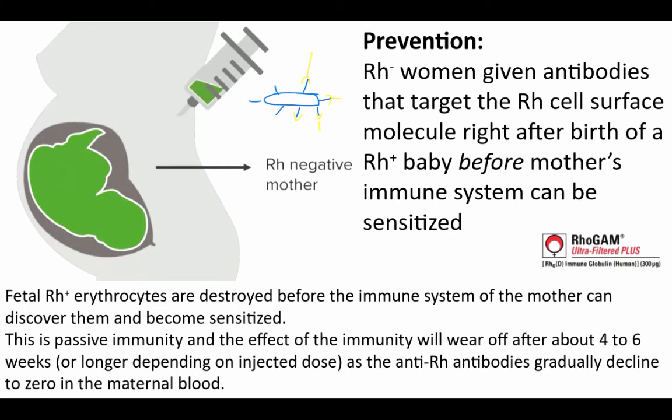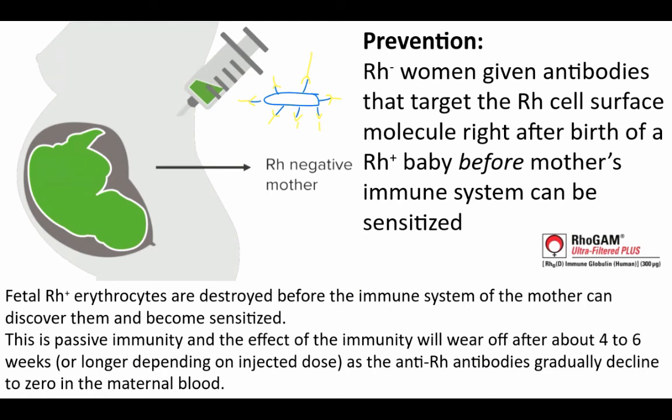And that essentially, it's like an invisibility cloak. It keeps the mom's immune system from ever actually interacting with the Rh antigen. And so the mom can have a second pregnancy without worrying that the second child would be affected. This is what's referred to as passive immunity.